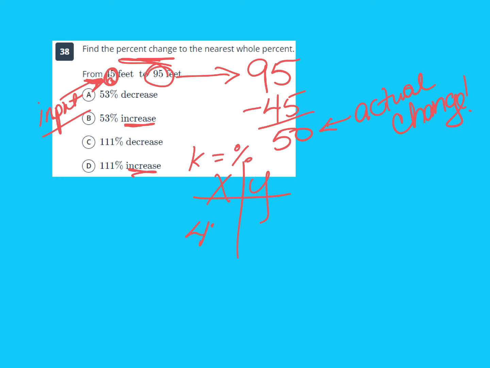And my output, because it wants the actual percent change, not altogether, is 50. So I say to myself, what do I multiply 45 by to get to 50? Nobody obviously knows. So I'm going to divide 50 by 45.